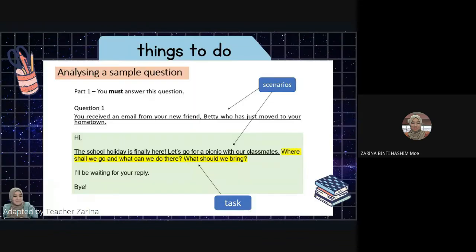No, marks will not be deducted if you write more than 250. The reason we give you the number of words is for you to be able to answer all three questions within the time given.